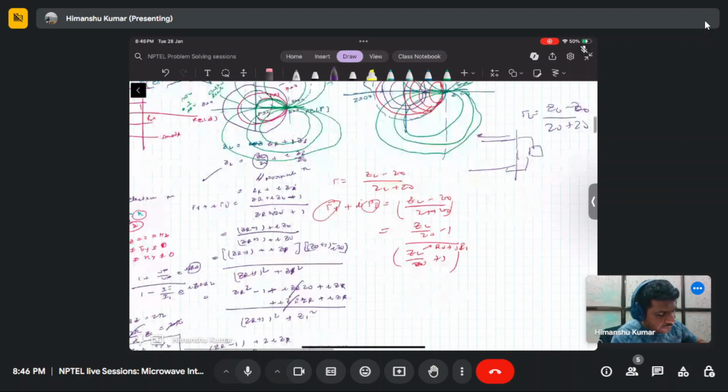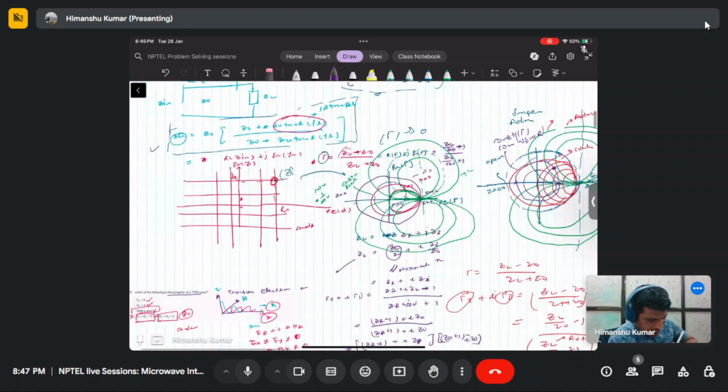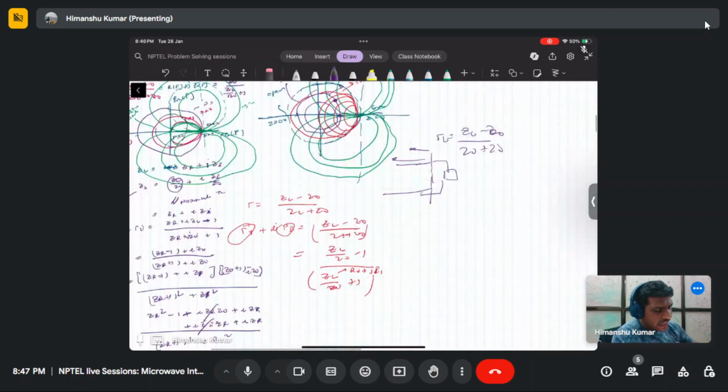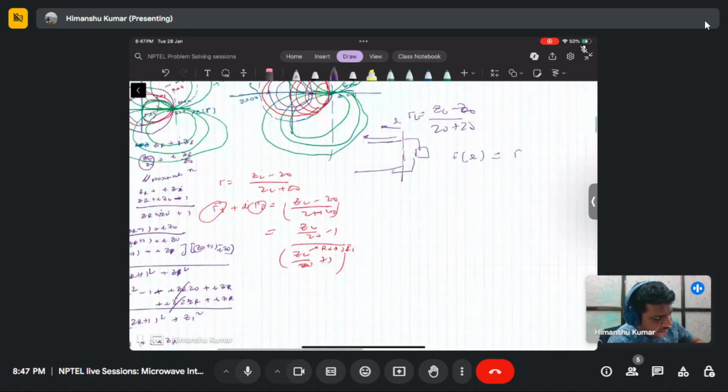You can derive this by yourself from this very general equation. At any point as you move along this line, at distance L, the reflection coefficient equals the gamma at the load side, its magnitude times exponential of minus j times twice beta L.